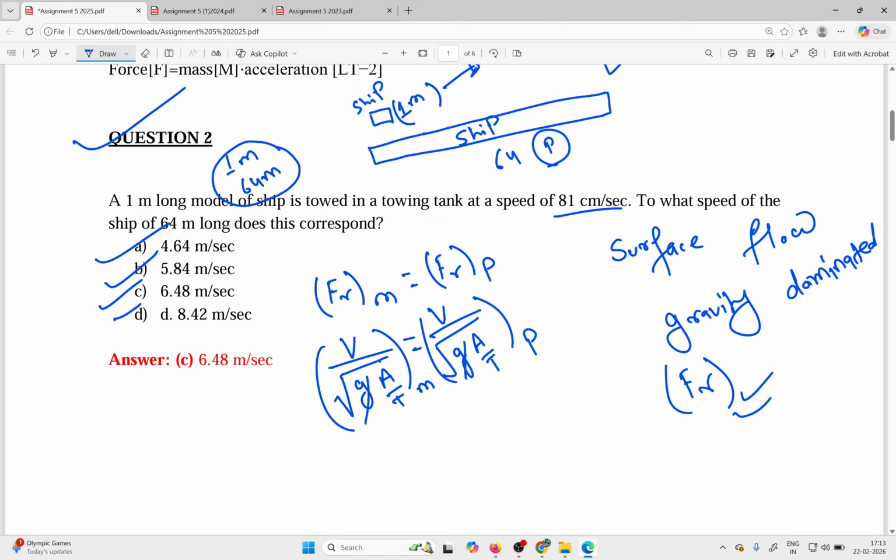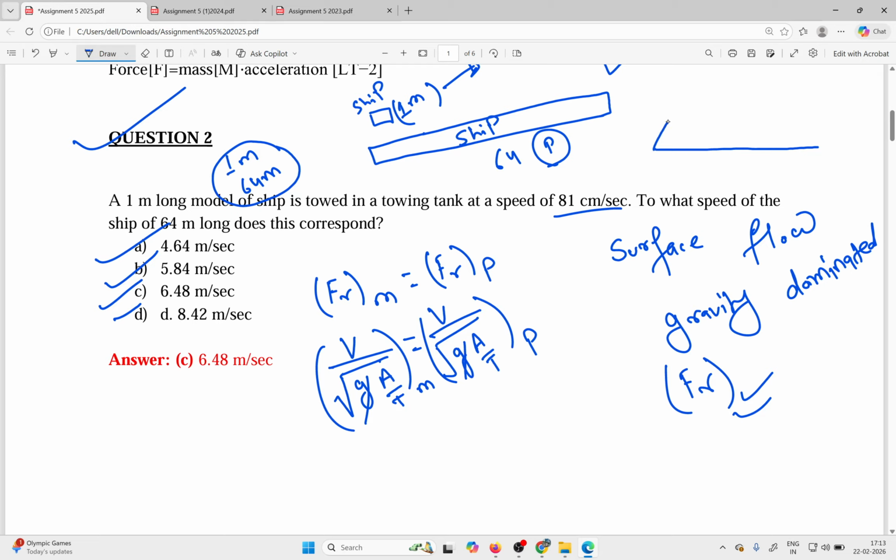Here actually the width of the ship is not discussed, so we'll focus on only one length parameter, the horizontal length of the ship.